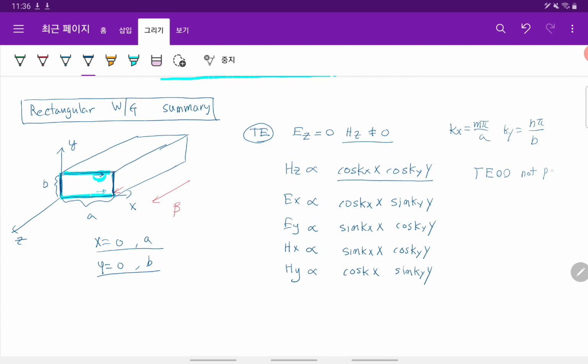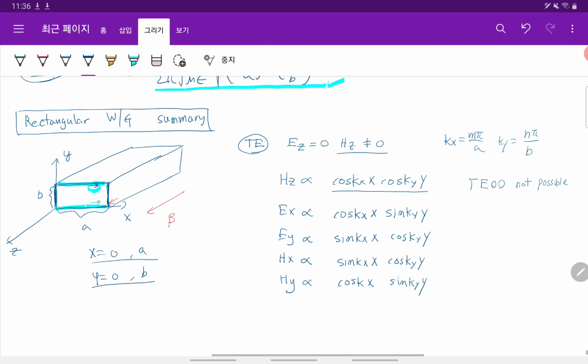This is not possible, because Ex and Ey both become 0. So TE10 and TE01 are possible, TE20 is possible, and so on. For TE mn, except 00, everything is possible.